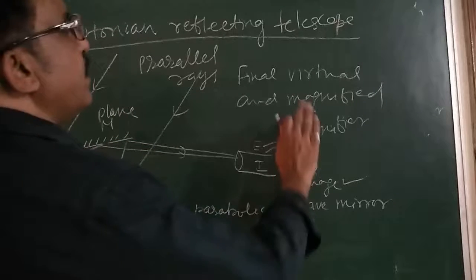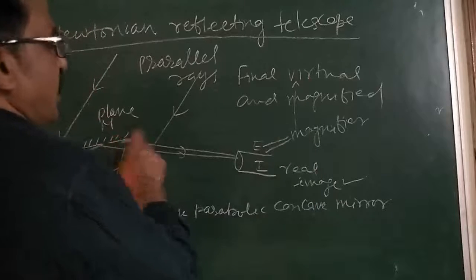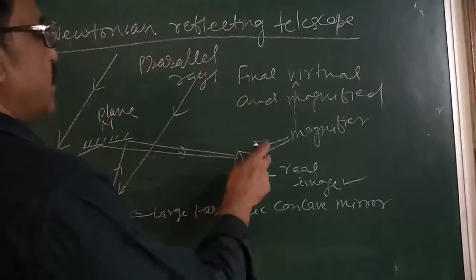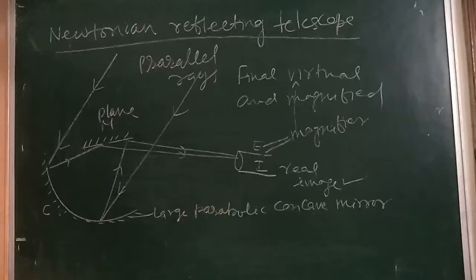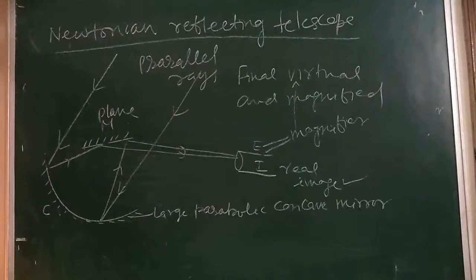This is what is actually going on. Finally we are getting this. Initially we are getting the real image, but due to this magnifier we are getting the final virtual and magnified image of the star.